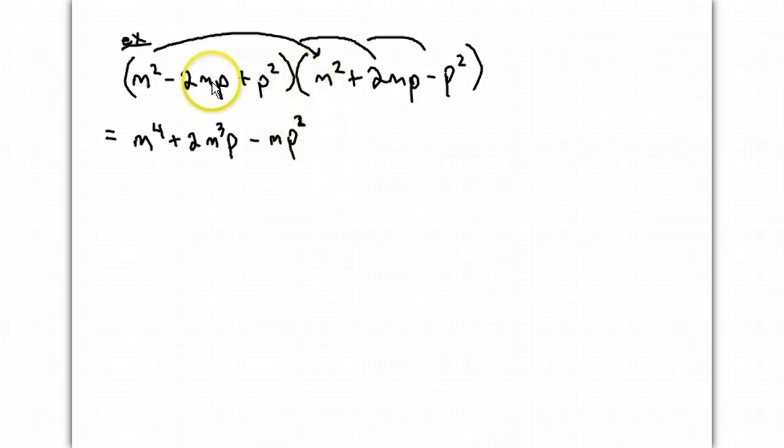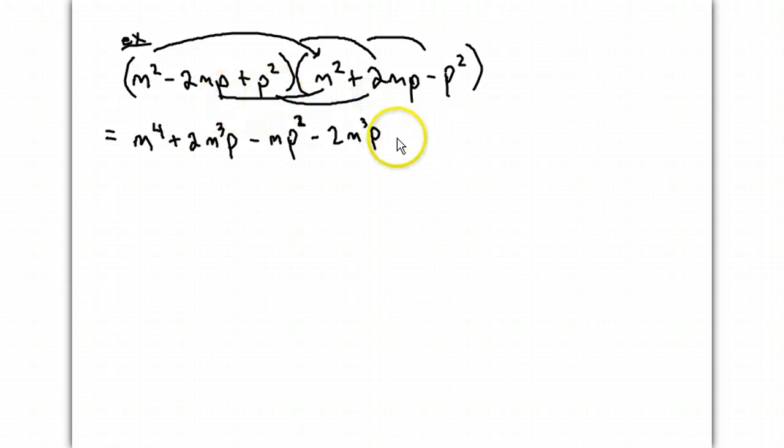Then you take the second term, so you got a negative 2mp times m squared. Again, nothing happens to the 2 and the p, but the m's add power, so I end up having a minus 2m to the third power times p. And then a minus 2mp times a positive 2mp. Well, the two 2's multiply to give me 4.